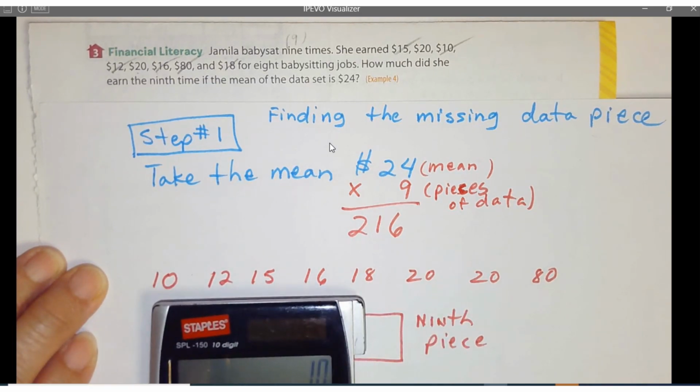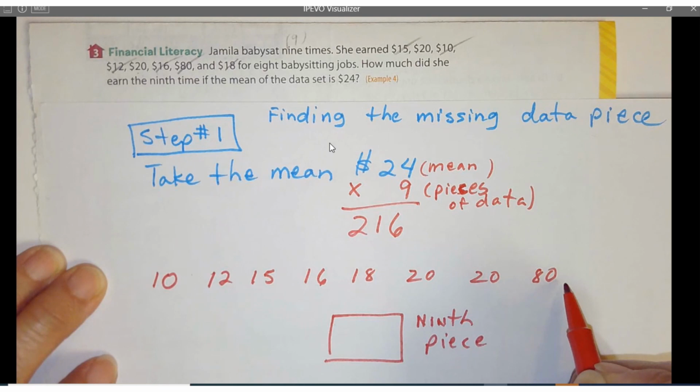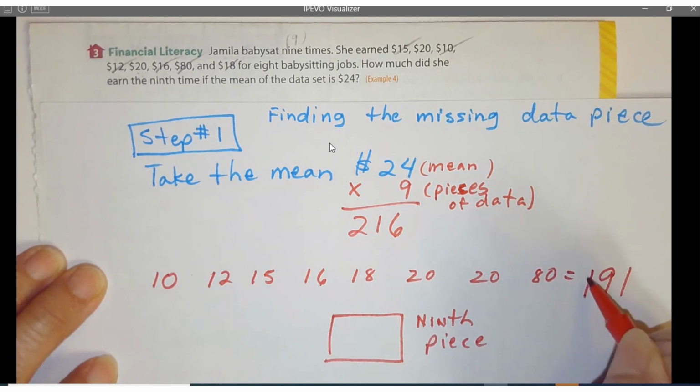10 plus 12 plus 15 plus 16 plus 18 plus 20 plus 80 equals 191. So the total here of these 8 pieces is 191.